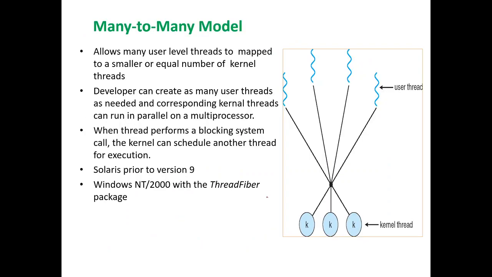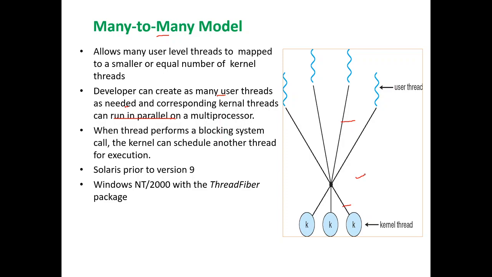Another variation of the multi-threading model is the many-to-many model. In the many-to-many model, many user-level threads are mapped to a smaller or equal number of kernel threads. Here, the developer can create as many user threads as needed, and the corresponding kernel threads can run in parallel on the multiprocessor system.